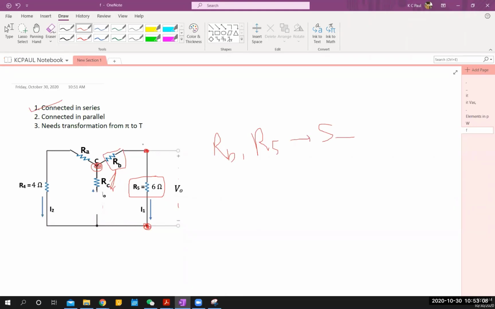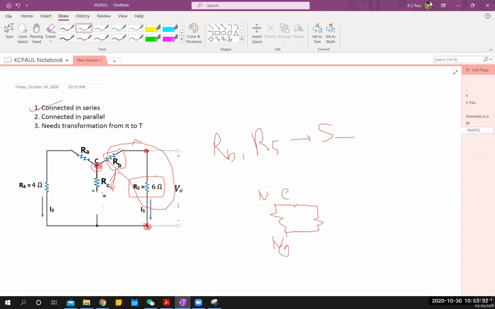Now, once these two elements are related here, they are sharing these two nodes, right? So node C and ground, and they are connected in this way, one here, another here.